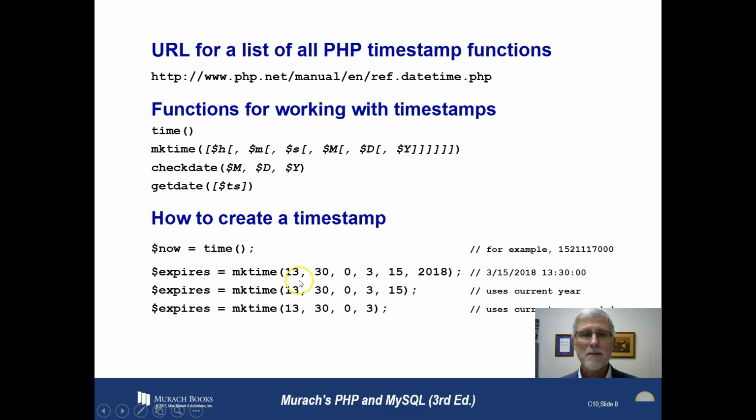Another, mktime, creates a time with a given month, day, year. Keep in mind, we've got it formatted as January 1st, 1930, but to ask for it, I've got hour, minute, second, and then month, day, year. It's just kind of the reverse of what we normally would think about.